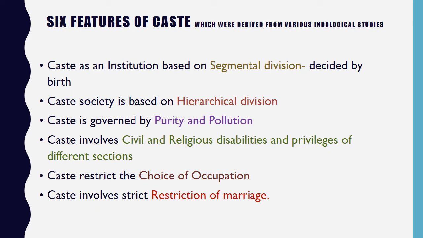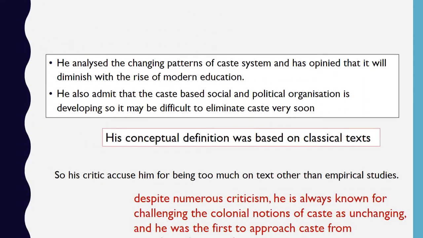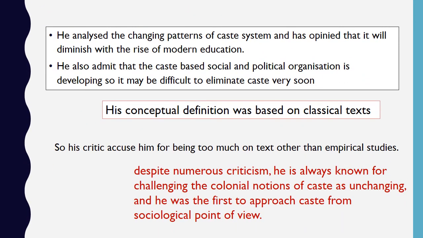So here we find that Ghurye's definition helped to make the study of caste more systematic. He also analyzed the system and opined that it will diminish with the rise of modern education, because he knew that it can only move away when people get an equal form of education.